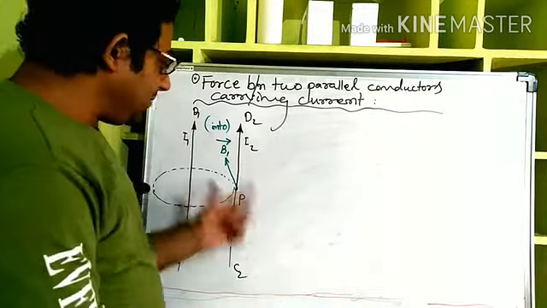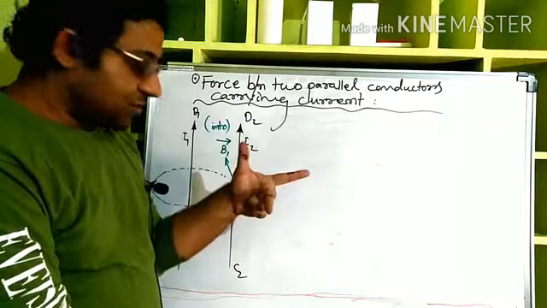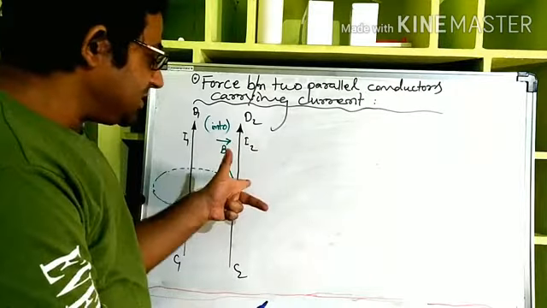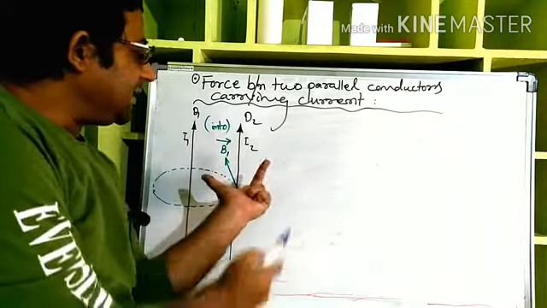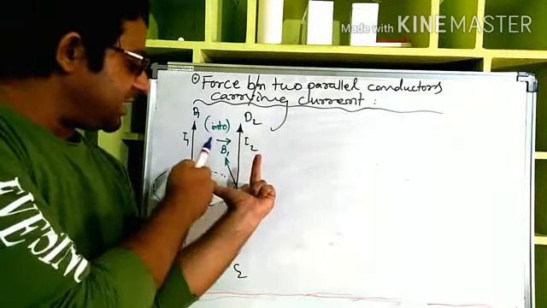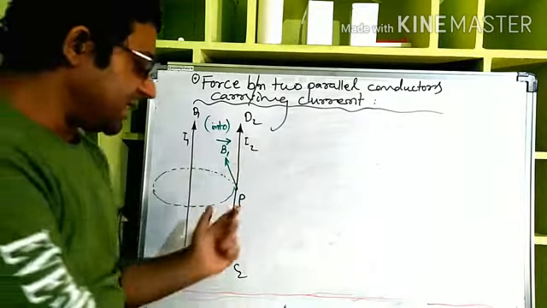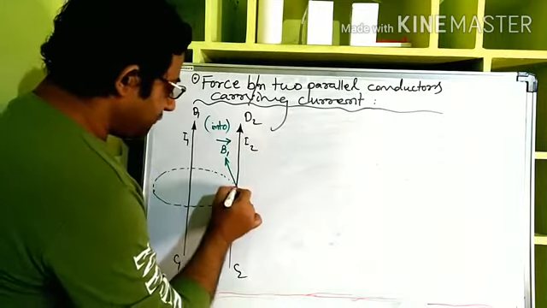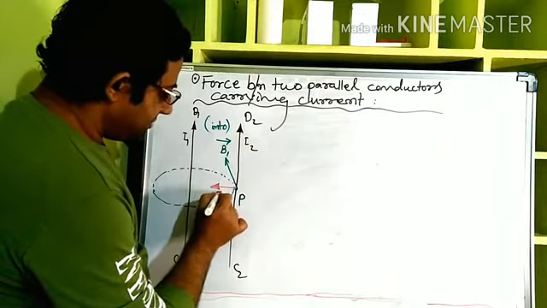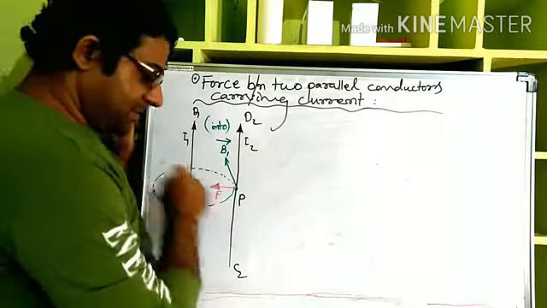Stretch your index finger, middle finger and thumb in such a way that they are mutually perpendicular to each other. The index finger should show the B, so this is into the board, and the current direction is shown by the middle finger. So B is into the board and the current is outside. The thumb will show the direction of the force. Yes or no? So the force is inside, right? So from P, the force direction will be this force, right? So P will be pulled towards I1, right?